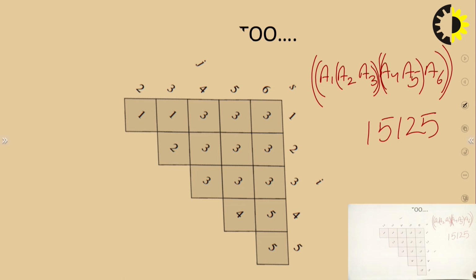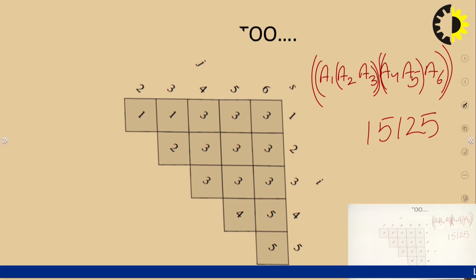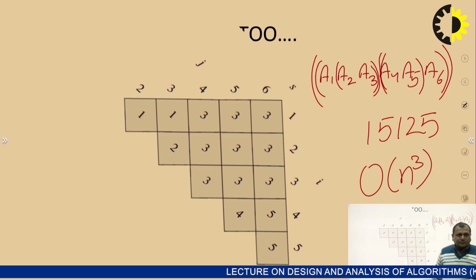So now we'll check what is the complexity of the matrix multiplication. The matrix multiplication has the complexity of big O of n cube. So big O of n cube is the time complexity of the matrix multiplication.